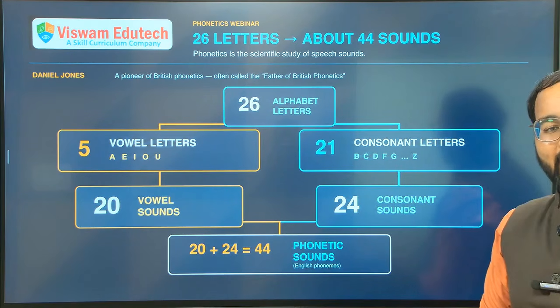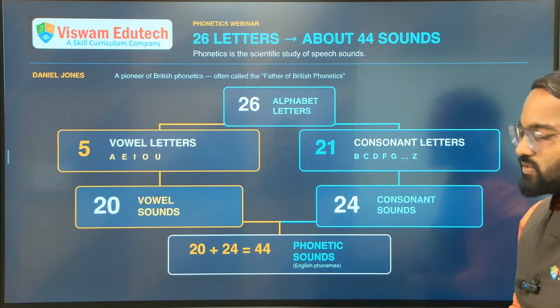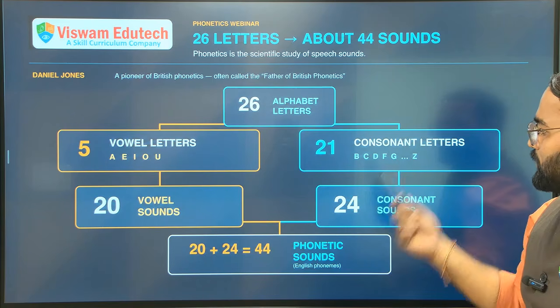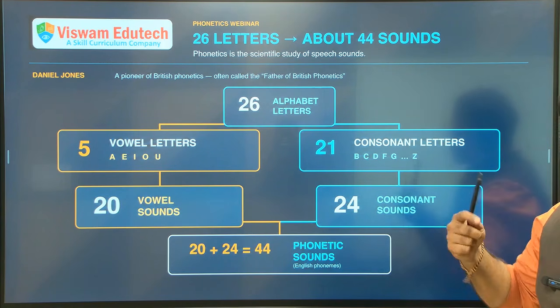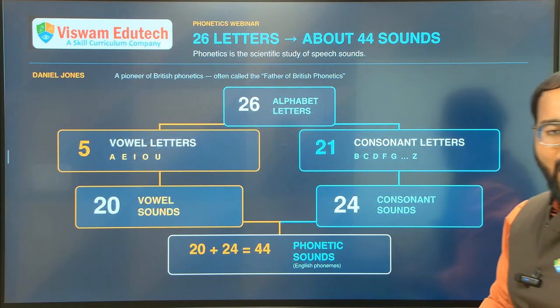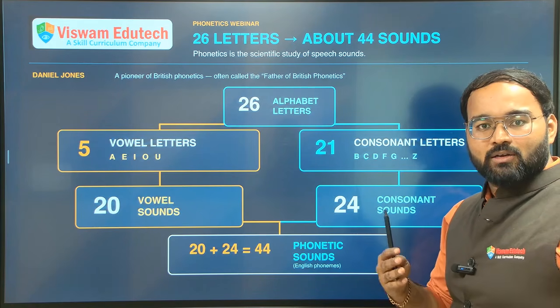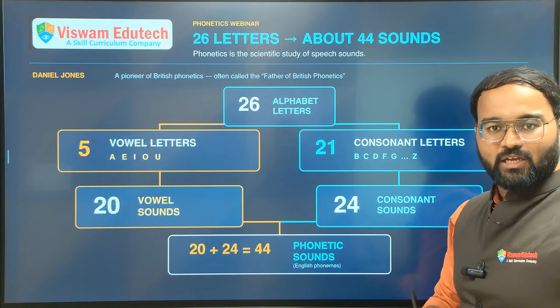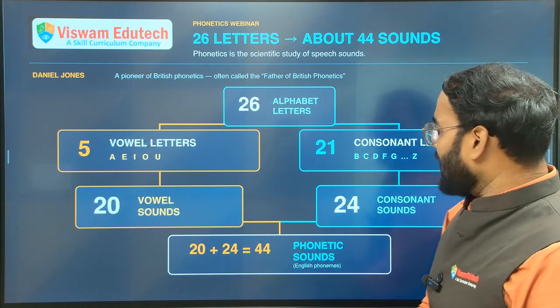A, E, I, O, U. And what are these 21 consonant letters? We know B, C, D, F, G, H, J, K, L, M, N, P, Q, R, S, T, V, W, X, Y, Z. Right?